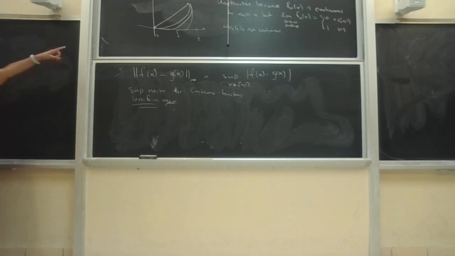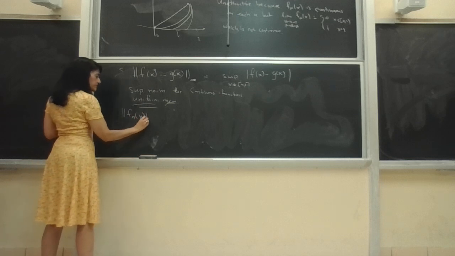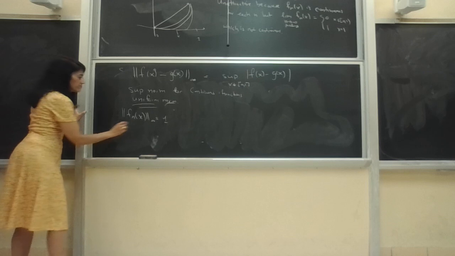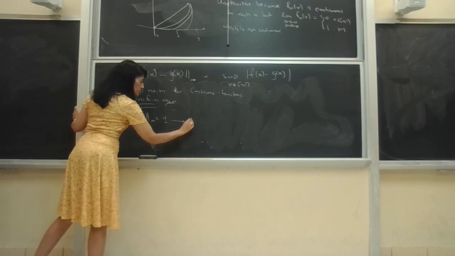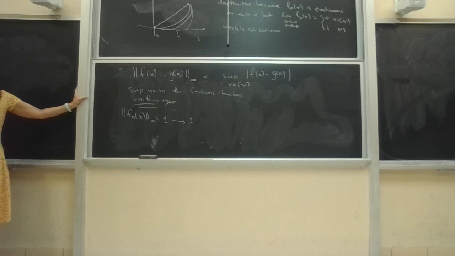If you look at that, the sup norm of any one of these f_n is going to be 1. We did some of these in topology. Take any two, the distance is always going to be 1. Isn't that nice? They converge to 1 in the sup norm. It's kind of weird, but it's there.